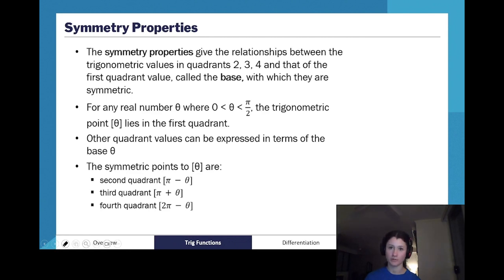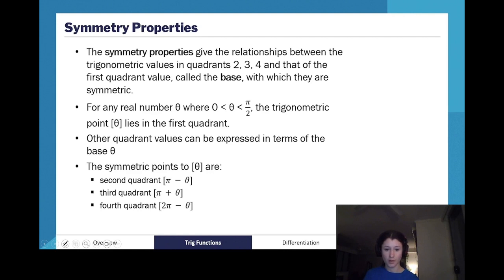Other quadrant values can be expressed in terms of base theta. So what this means is we can use equivalent angles in the first quadrant to find information about other quadrants, 2, 3, and 4. So, let's go over what this actually looks like in practice.